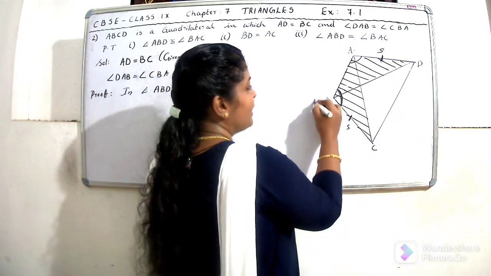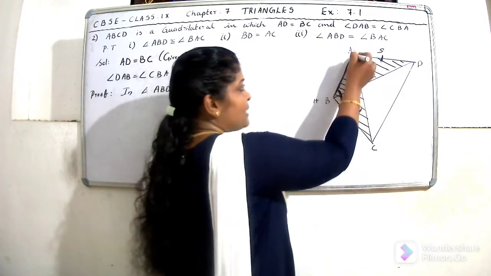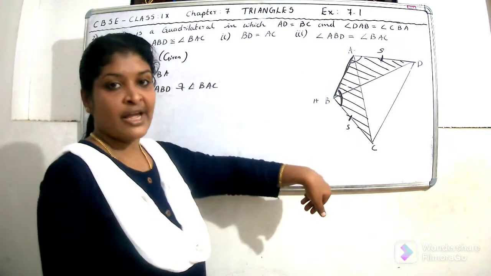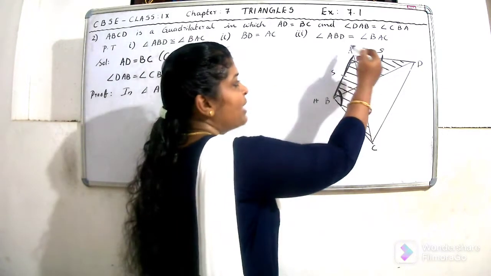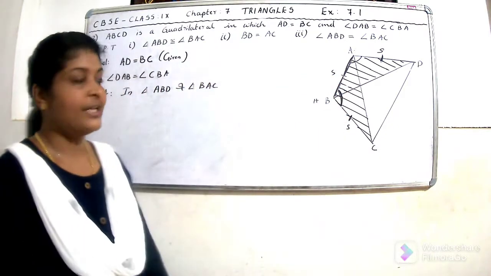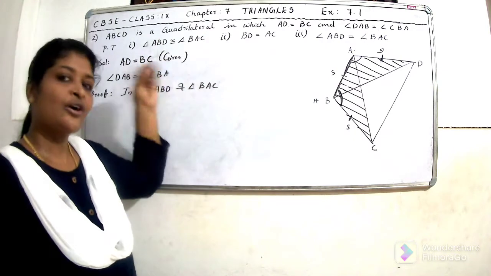Okay, side and angle. Now we just look at this AB. It is the common side, no? That is common for both the triangles. So that is also equal. So here again we got a side. So side, angle, side. On the basis of that criteria, in a very simple way we can say these two triangles are congruent.